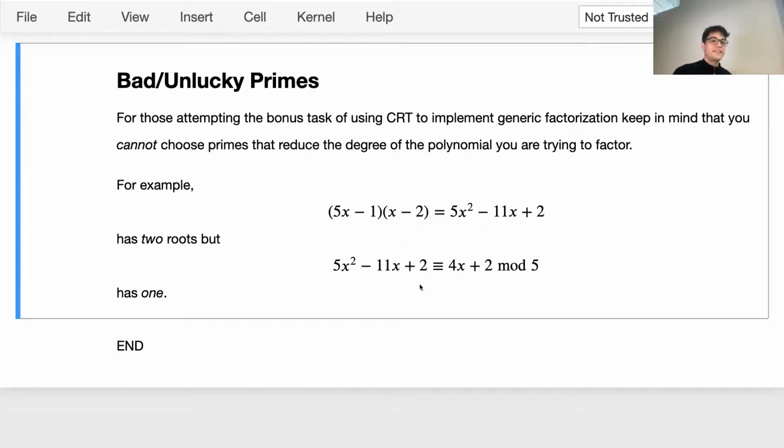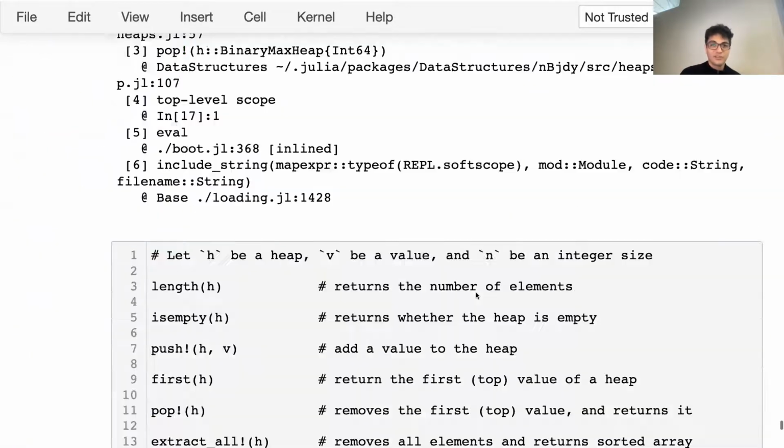But if I take the same polynomial mod 5, it becomes 4x plus 2 and it has 1 root. So that will really mess with things. Just keep this in mind if you're trying to implement that bonus task: you have to discard primes that divide the leading term of your polynomial, or you're going to get really weird results. Okay, what else did I want to talk about?